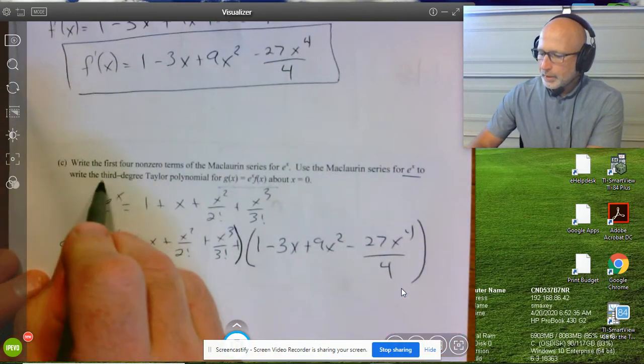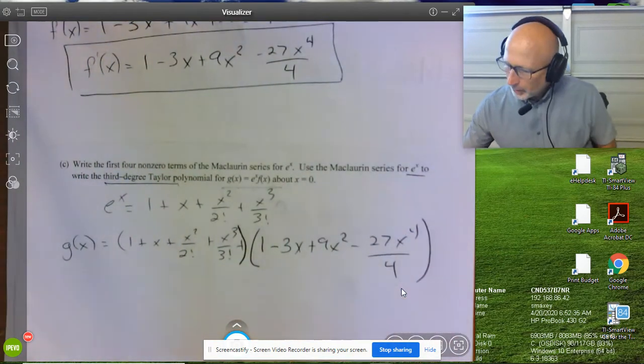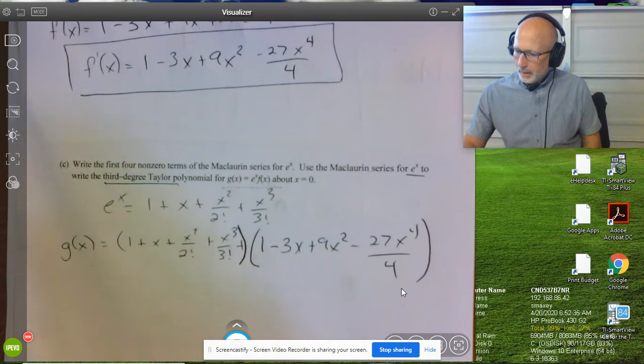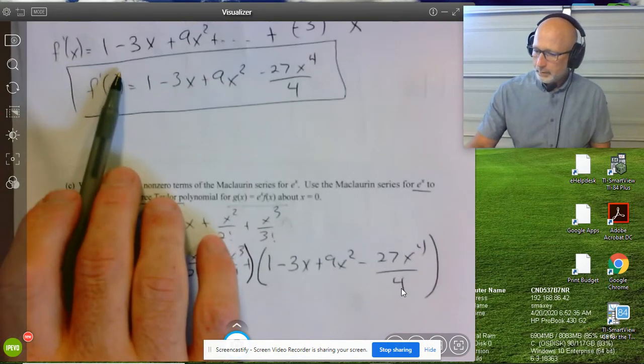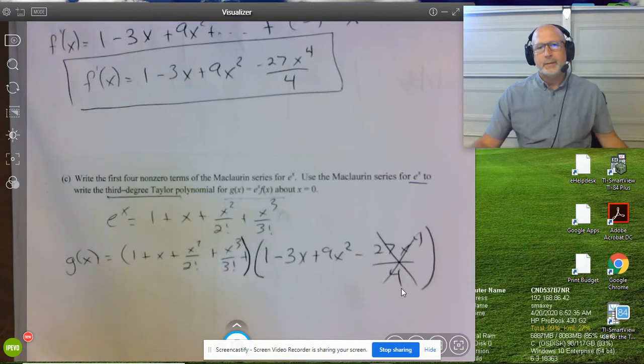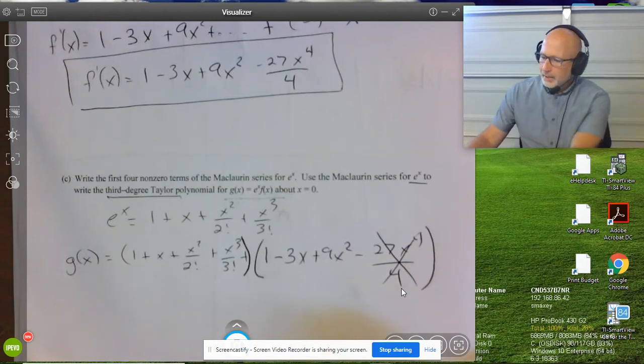Now I need a third degree Taylor polynomial, so I'm only going to go up to degree 3, which means I don't need this last one. There's no way I can take something times the fourth power and have it turn into a third power. So I need to come up with the constants.